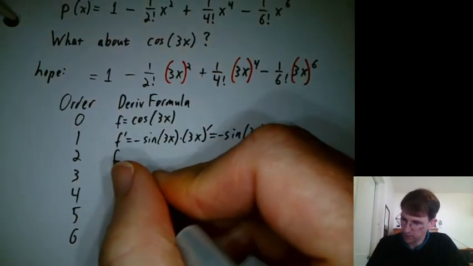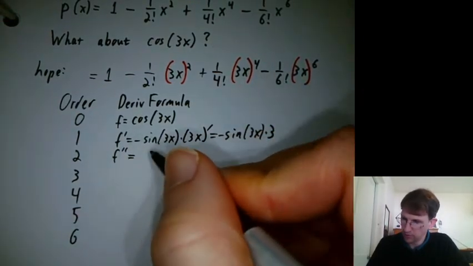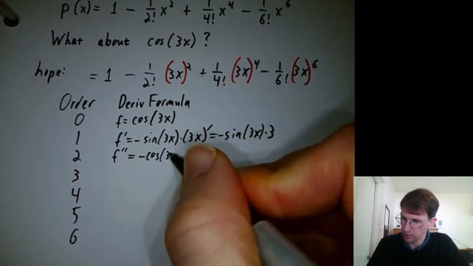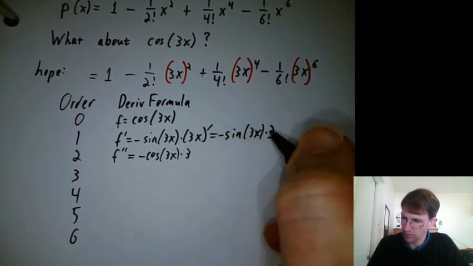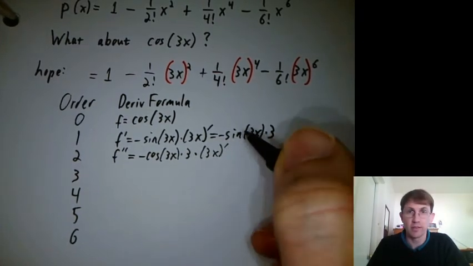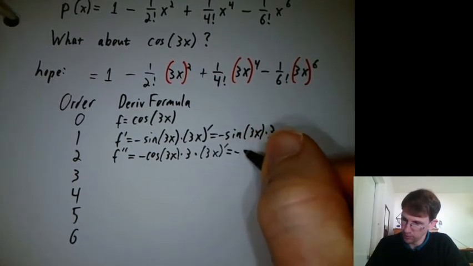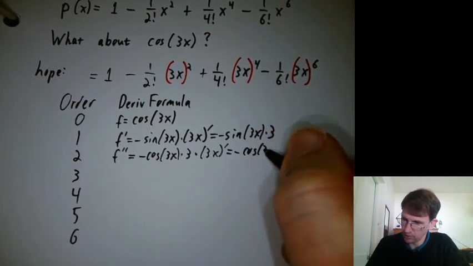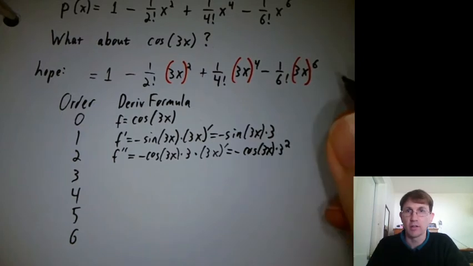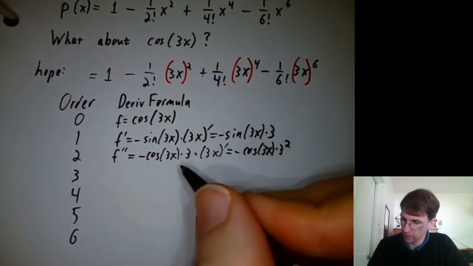And then second derivative of negative sine is negative cosine 3x times 3, copying the 3 times the derivative of the inside again. So we get negative cosine 3x times 3 squared. So can you see what pattern we're going to end up with here?